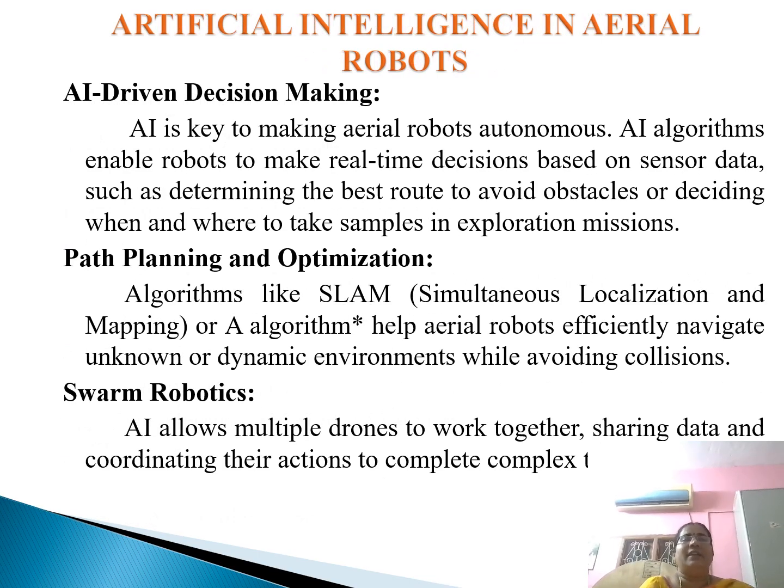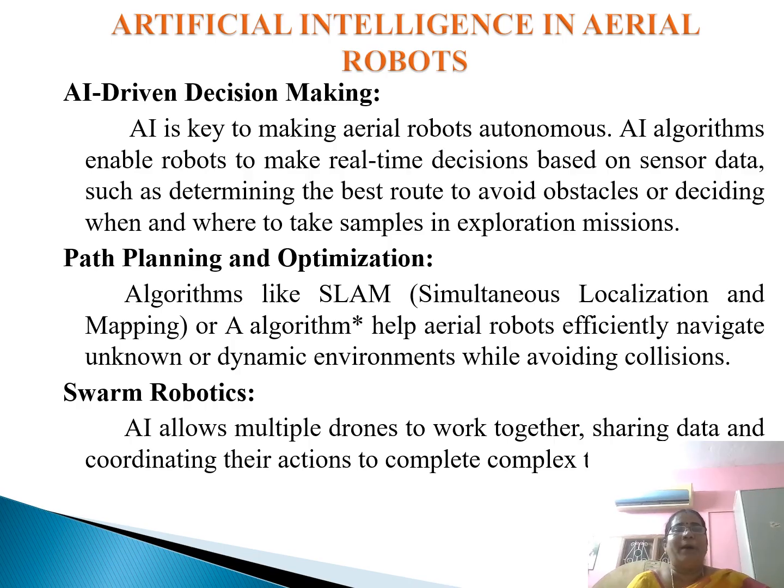Next, we have to see artificial intelligence in aerial robots. Artificial intelligence driven decision making: AI is key to making aerial robots autonomous. AI algorithms enable robots to make real-time decisions based on sensor data, such as determining the best route to avoid obstacles or deciding when and where to take samples in exploring missions.